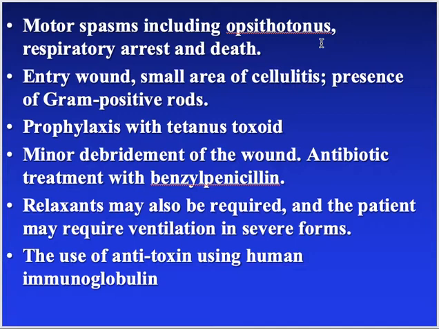Sometimes the muscles of mastication go into spasm, and we call this condition lockjaw, because the jaw is locked as the muscles are in spasm. They have generalized muscle spasms, and that can lead to respiratory arrest and even death.